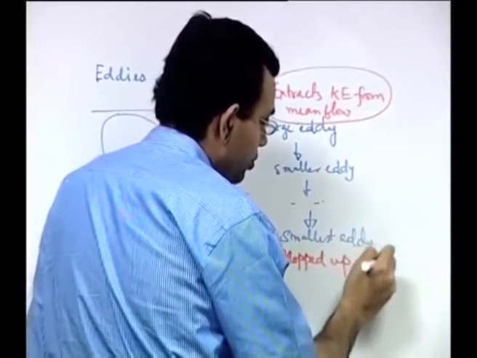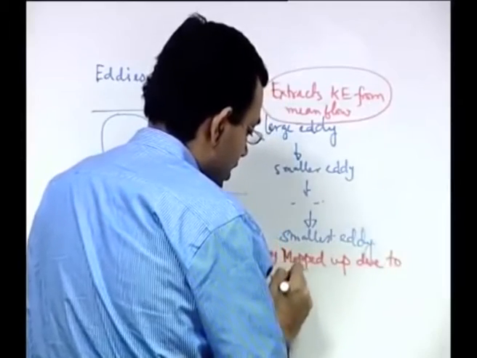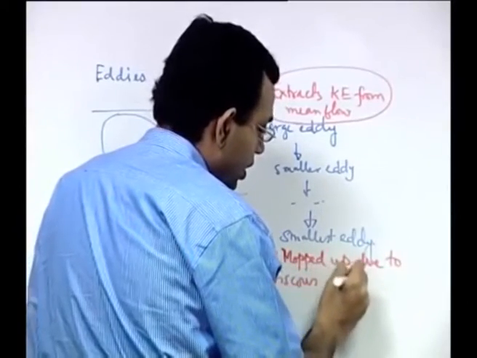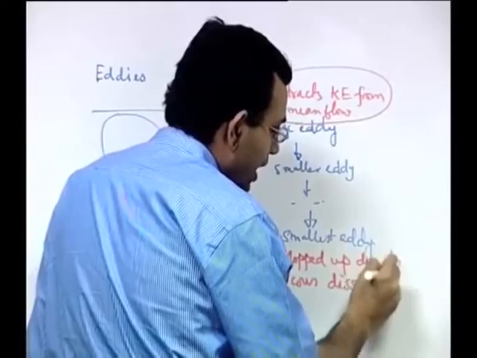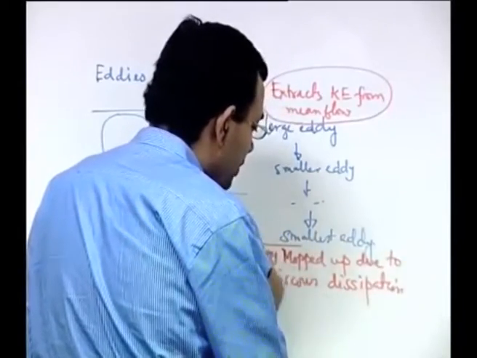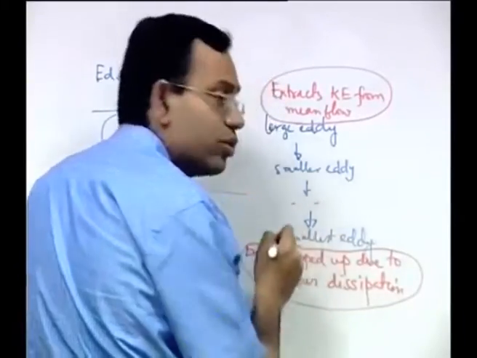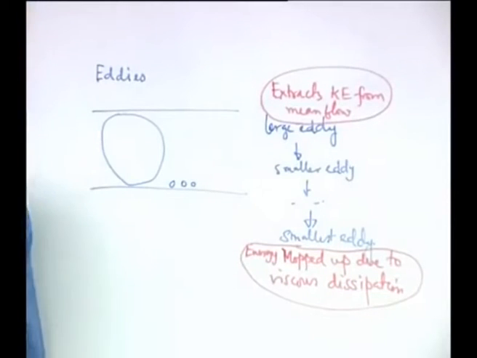The question is why the energy cannot be mopped up by viscous dissipation in the large eddy, and why do you have to go to the smallest eddy scale?